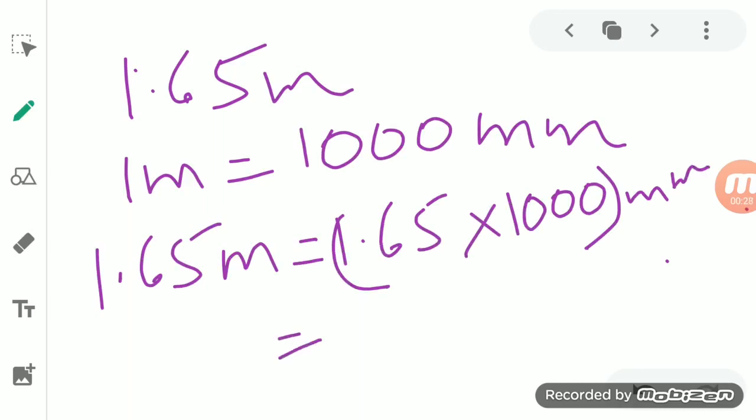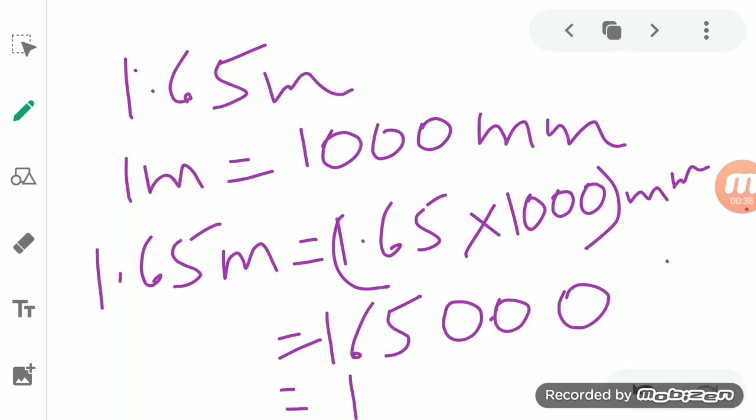So it will be equal to 165,000. After two numbers there is a decimal, so we will put a decimal here, and the answer will be 1650 millimeter. Okay, so this is the way to find the height of a person.